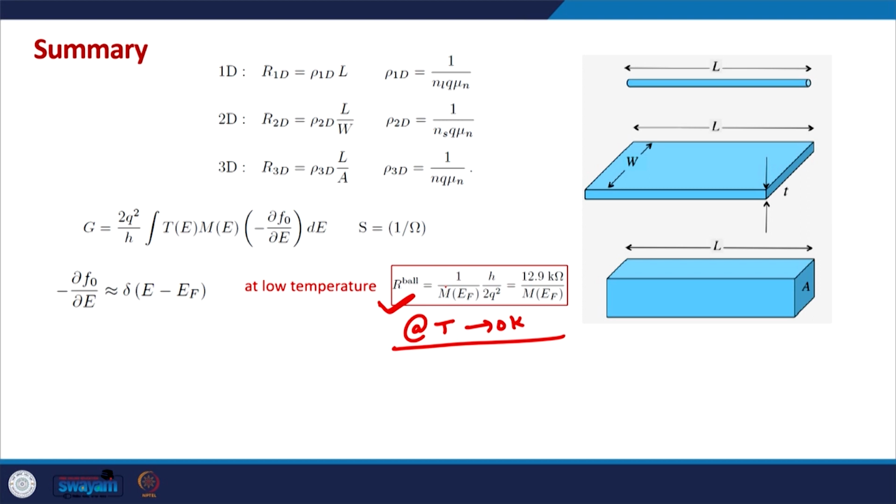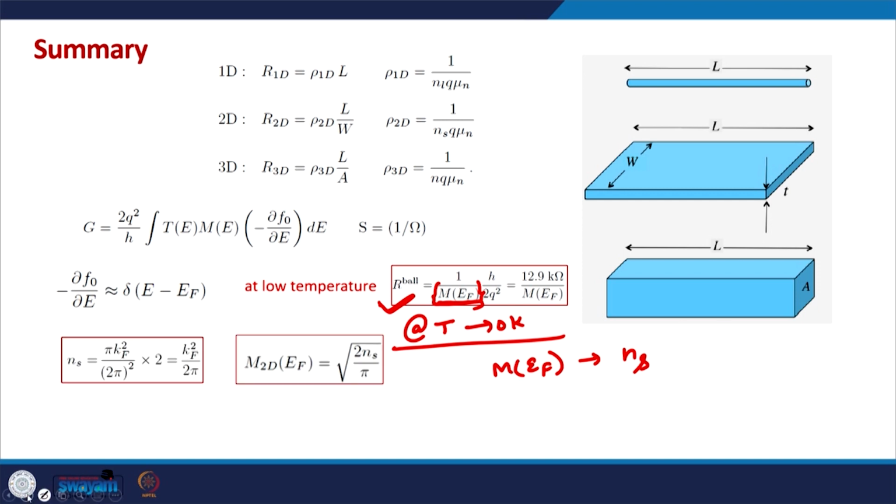So, in this case what just needs to be done is we just need to calculate this M(EF) parameter, which is the number of modes at energy EF at 0 Kelvin. And we also saw that this M(EF) term can be related to the sheet charge density, number of electrons per unit area in a 2D conductor, and the relationship looks like this.